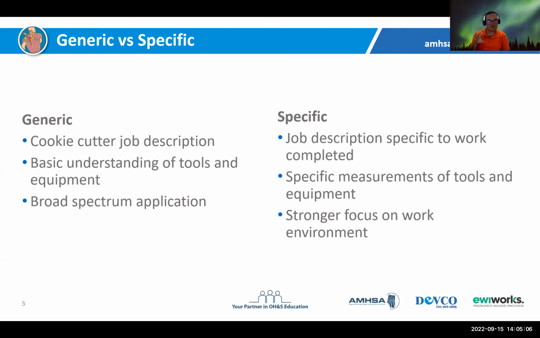So it's a lot stronger focus when we get to the specific level on the actual work environment, the things that are actually being done. And I can't stress that enough, that it's important to know what's actually being done at a location, because as we can see over time, different shops, different locations manage things differently, have different tools, do things differently.